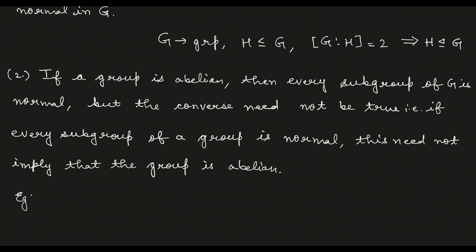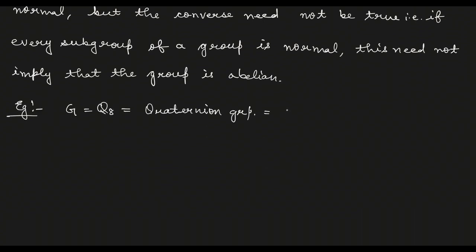For example, if I take G equal to Q8, quaternion group, its elements are plus minus 1, plus minus i, plus minus j, plus minus k.